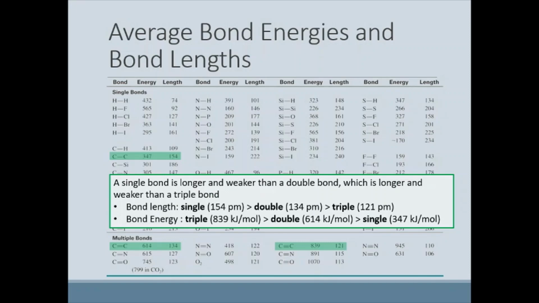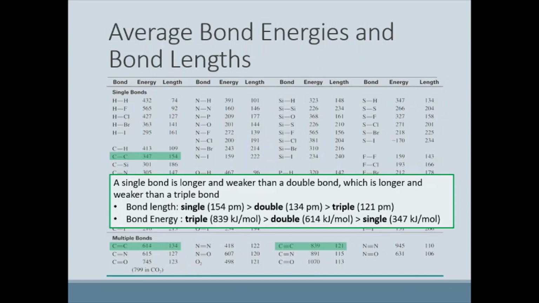What this represents is that if you have two electrons between your atoms, you're only sharing those two electrons. If you have four electrons between them, you're sharing more electrons, meaning it's going to require more energy to break those four electrons apart.